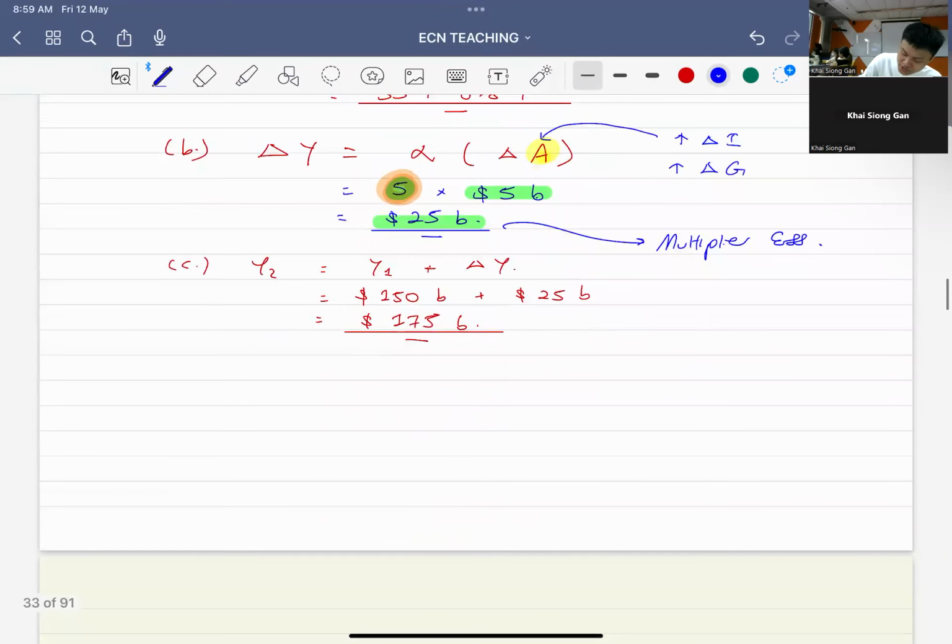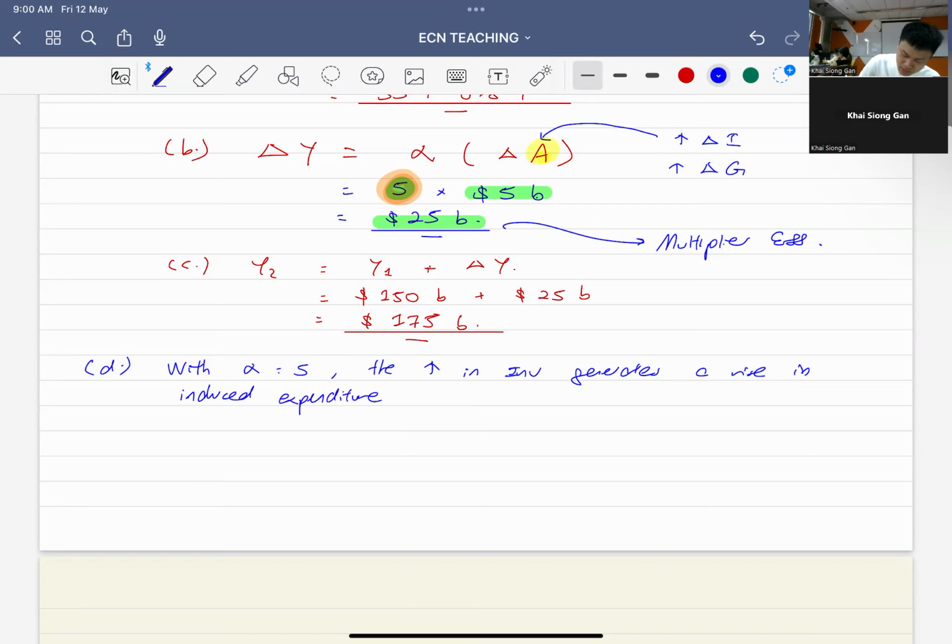Okay, so here the question D, the answer is basically saying that with the multiplier of 5, that means multiplier means multiplication, the increase in investment generates a rise in induced expenditure, resulting in an increase in GDP of 25 billion, which is greater than the initial 5 billion of investment.